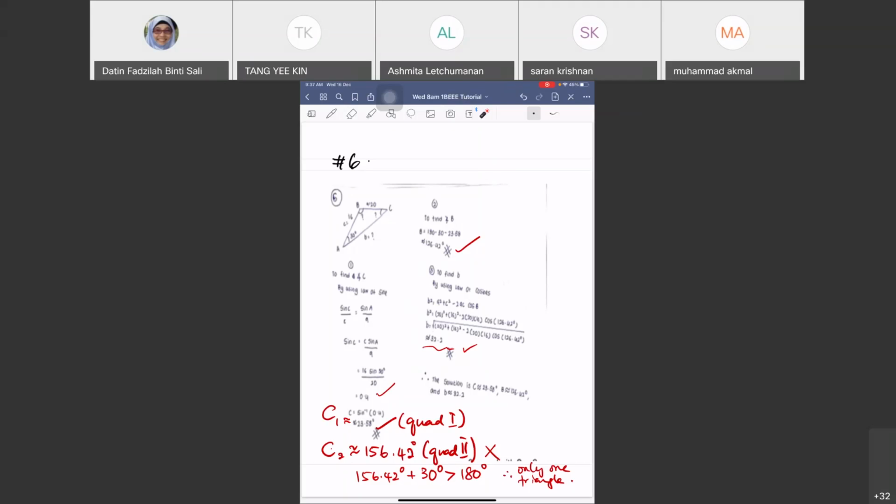Okay. Amirul Arif? Question 7. Amirul Arif, are you there? No? Amirul Arif, you're not there? Okay. The rest of you, can we all look at question 7?